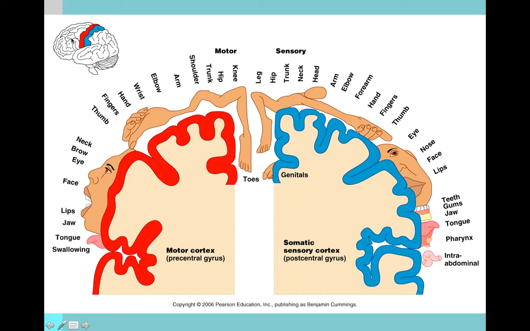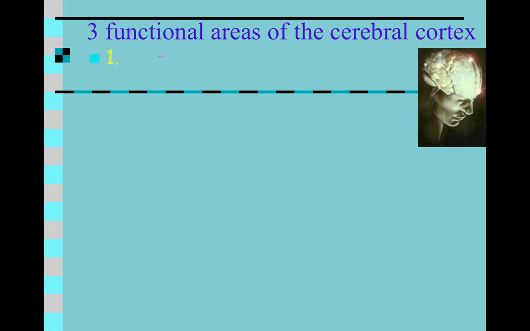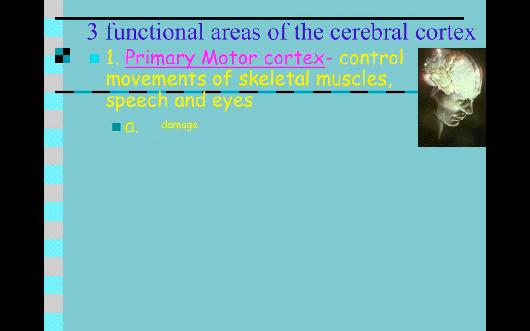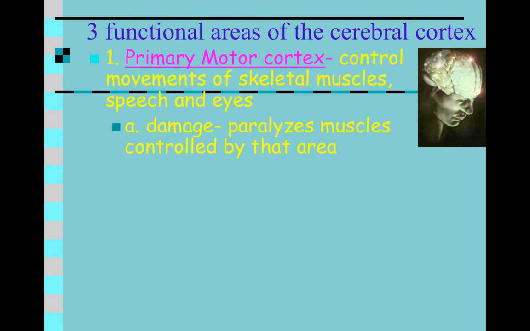All right, so you should have already recorded these notes, but this is the part that it goes with. The primary motor cortex is what controls your movements, the movement of your mouth, the movement of your eyes, the movement of your diaphragm, creating speech. Okay, and this in the lab is what we were talking about.